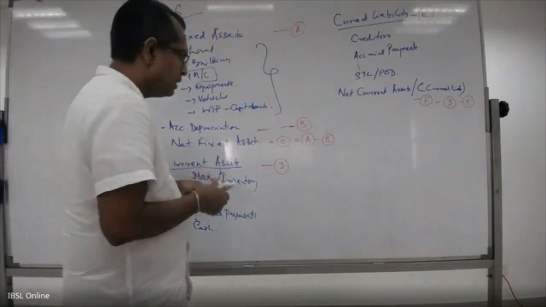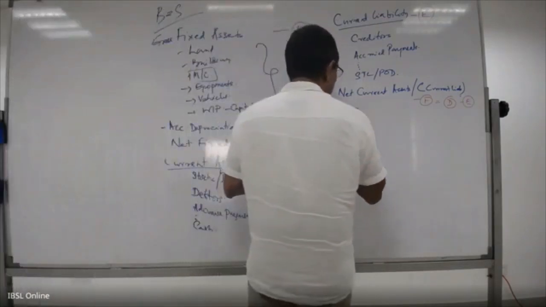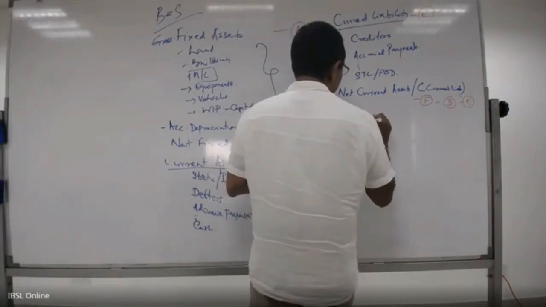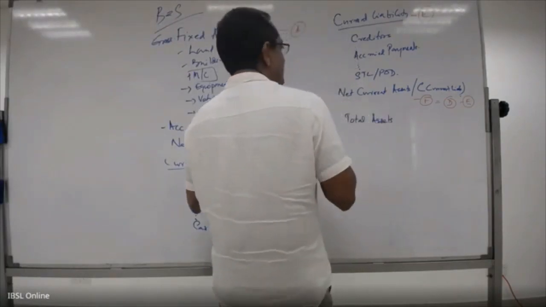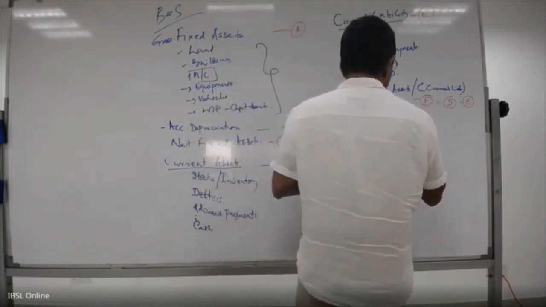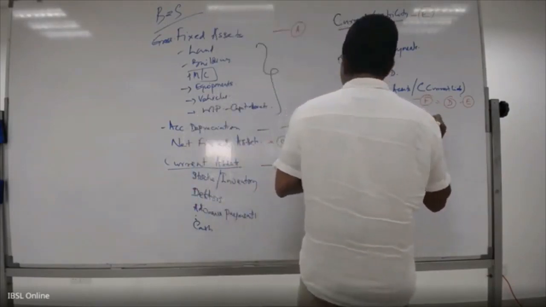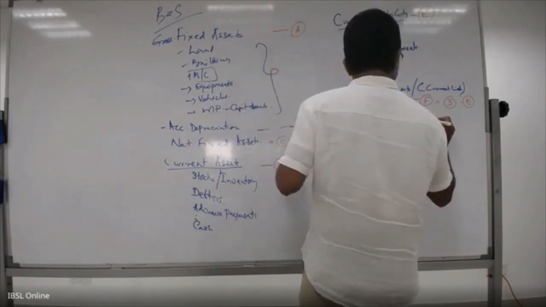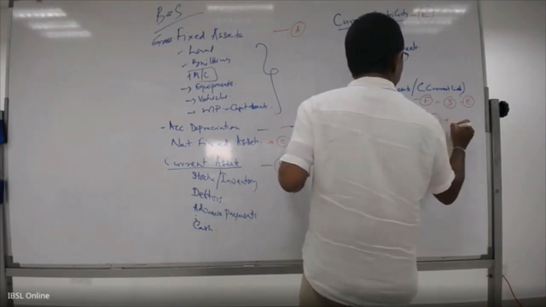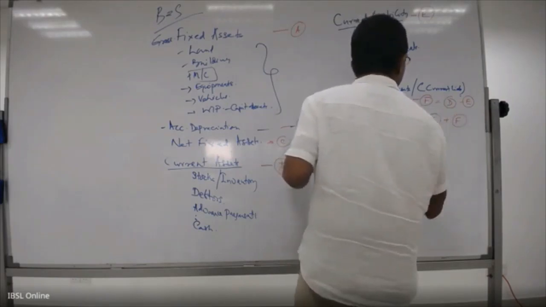Then I have total assets, which is G equals C plus F, right?